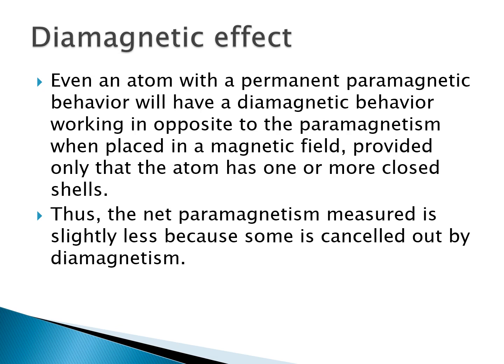We know paramagnetic materials have unpaired electrons, while diamagnetic materials have paired electrons. But paramagnetic materials also somehow show diamagnetic behavior due to the presence of a few paired electrons. Thus, the net paramagnetism measured is slightly less because some is cancelled out by diamagnetism.